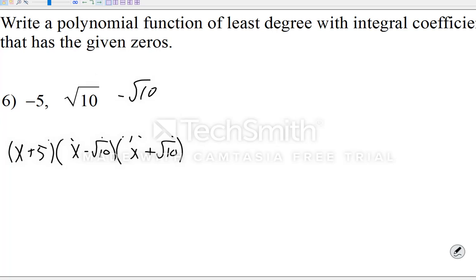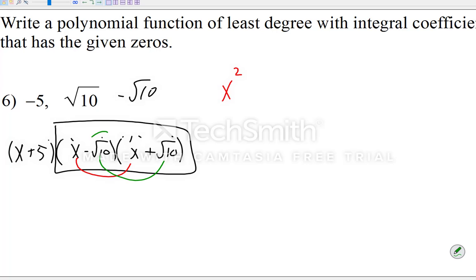Now, let's do the conjugates. Okay, x minus root 10 and x plus root 10. Let's multiply those together. Again, doing the same thing. I'm going to multiply the first two, I get x squared. I'm going to multiply the last two, negative root 10, positive root 10. I get negative 10.